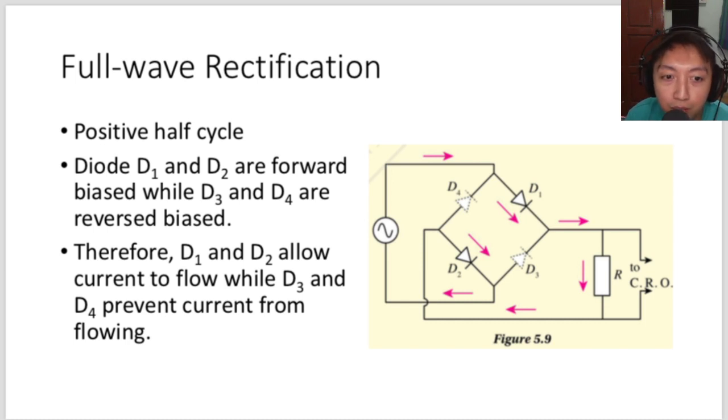And we come back to R and then we go back. It goes down and goes back up, and then back here again, same thing. You cannot go through D4, so it has to go through D2. So it goes through D2 and finally you end up coming back to the circle.